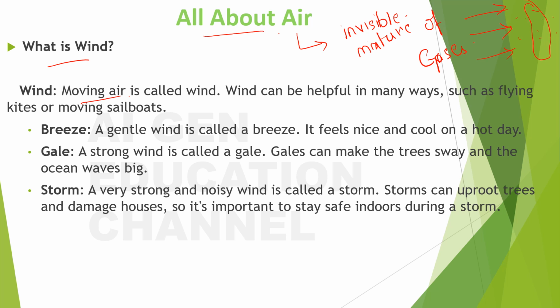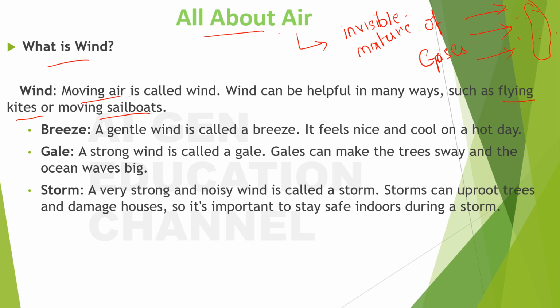Wind can be helpful in many ways, such as flying kites or moving sailboats, right? You always go to fly kites, right? At that time you will be waiting for the wind. You will set your kite in the direction of the wind, right? Everything goes in a manner, everything is for a reason.